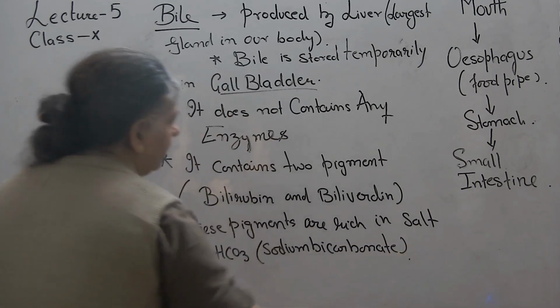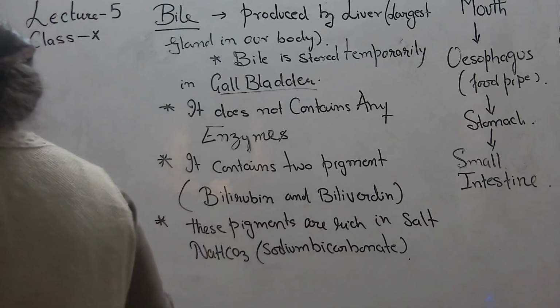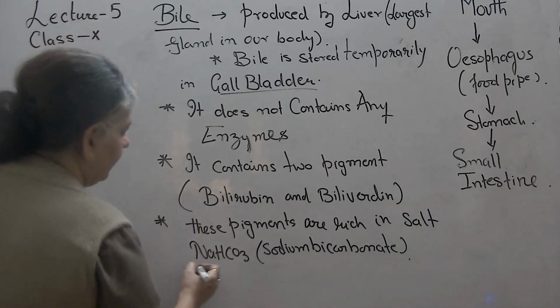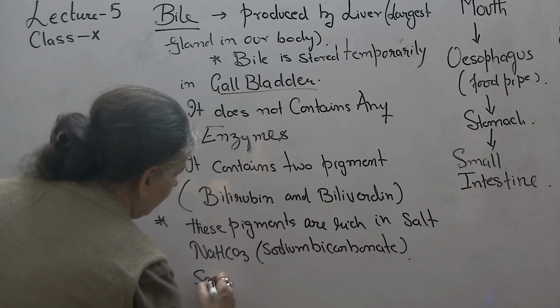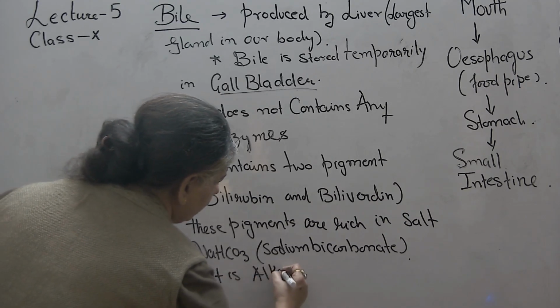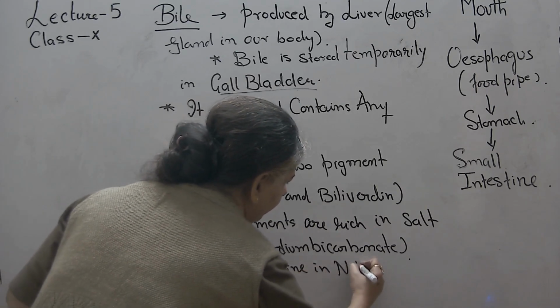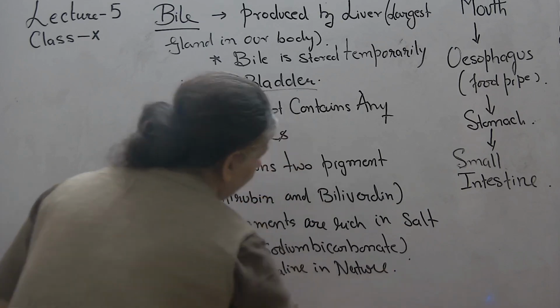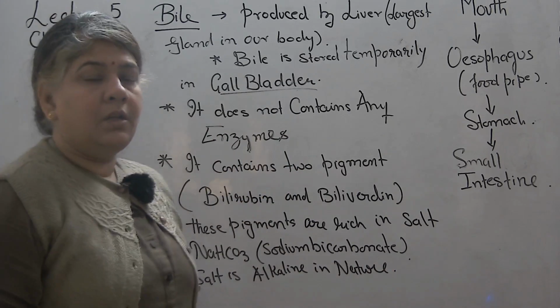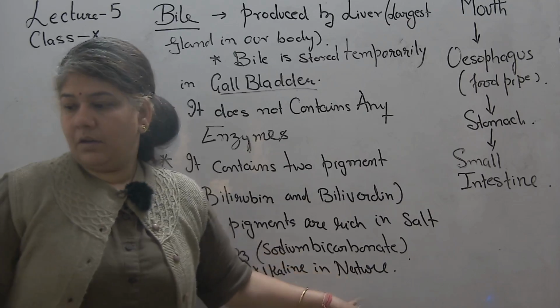This salt is basically alkaline in nature. It means if you dissolve this salt in water and take the pH, it will be greater than 7.